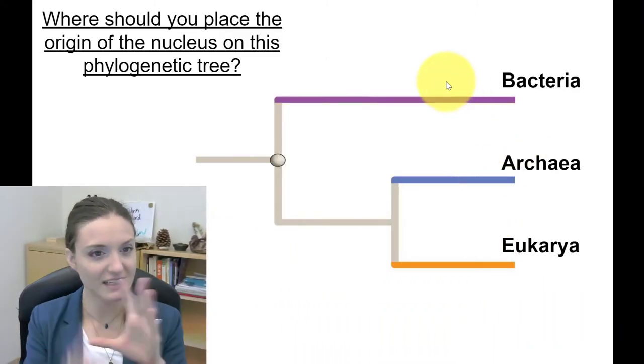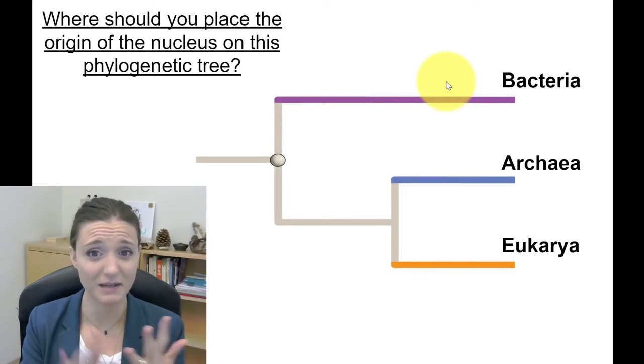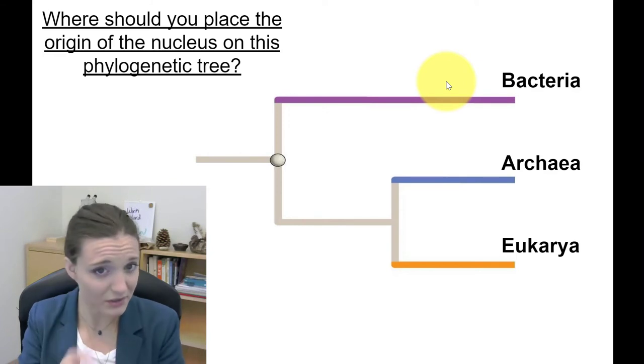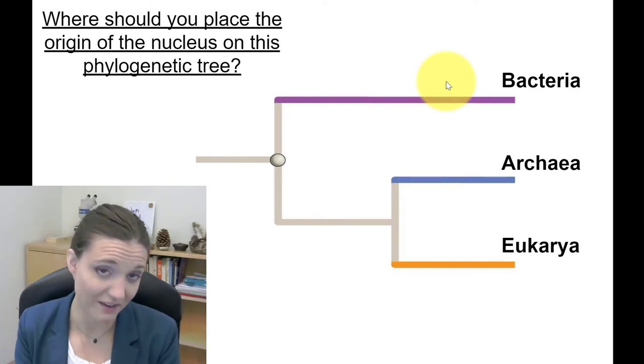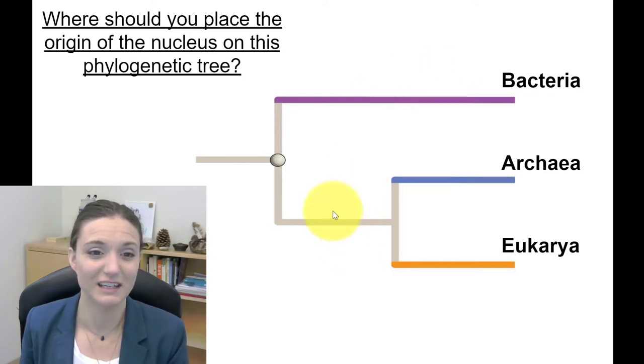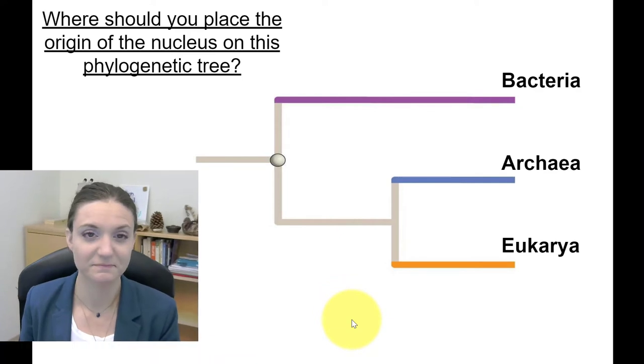Okay, so we've definitely seen this tree before. The three main domains of life: bacteria, archaea, and eukarya, right? If we were to put the trait of having a nucleus on this phylogenetic tree, where would we put it, right? Do we think it was here and then was lost? Where do we think it is?